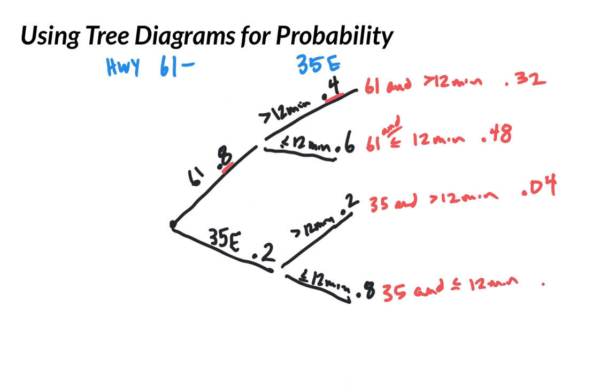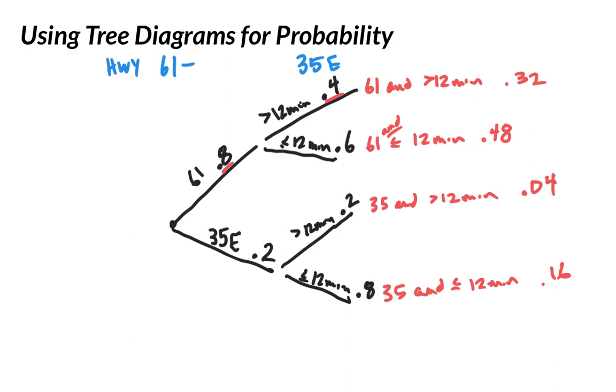That would be 0.16. So again, to get these numbers, I simply multiply. 0.8 times 0.4, 0.8 times 0.6, 0.2 and 0.2, 0.2 and 0.8. And again, notice these two add up to 0.2. Notice that all four add up to 1, because this is everything.